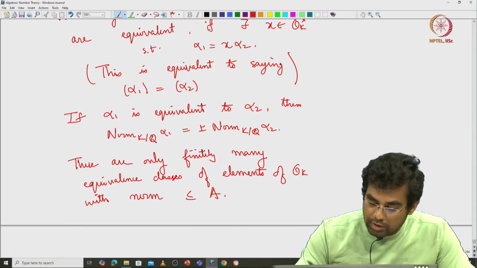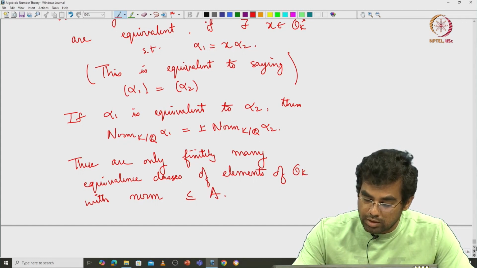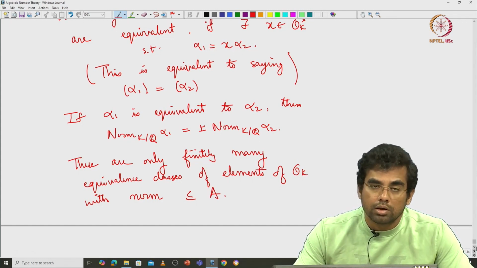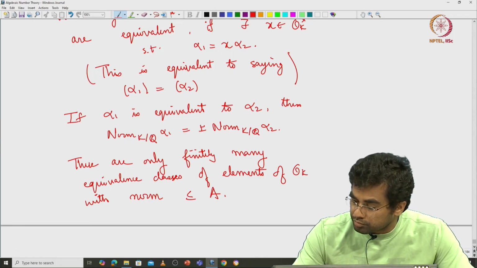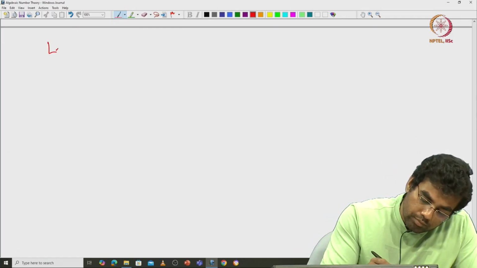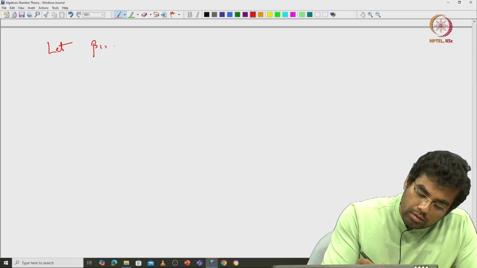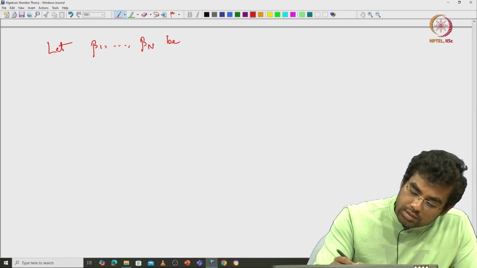Nevertheless, the statement that there are only finitely many equivalence classes of elements of OK with norm less than or equal to A is true. So let beta 1 up to beta n be representatives of these classes.